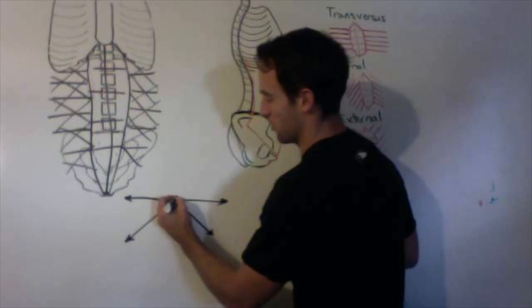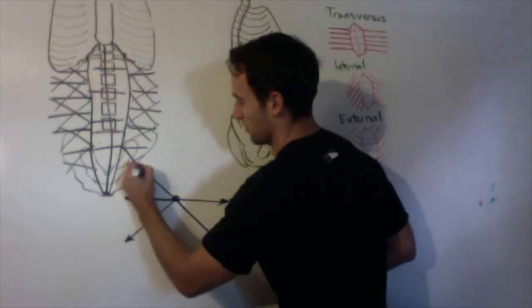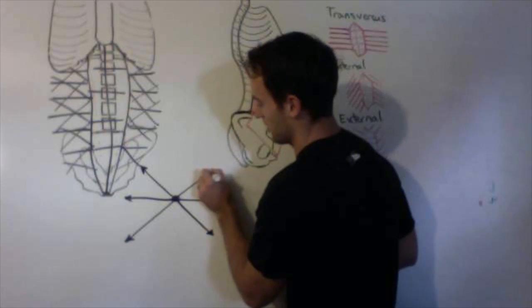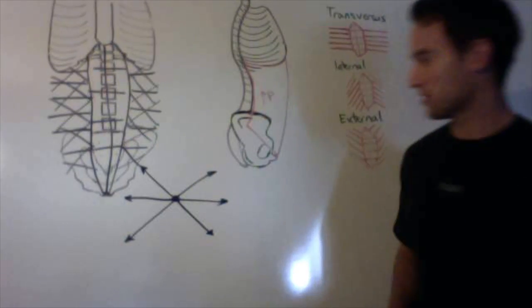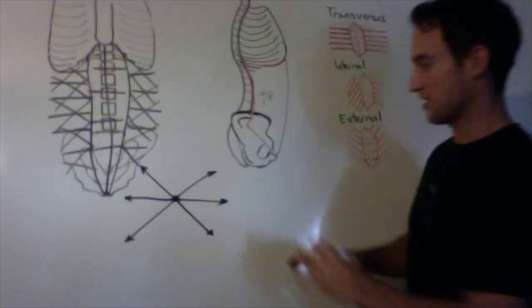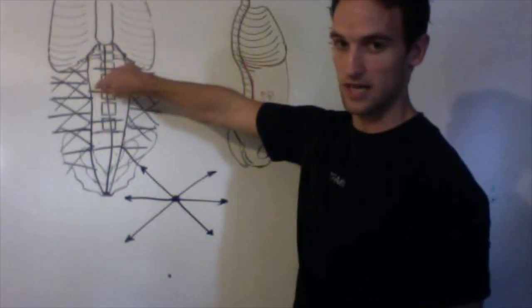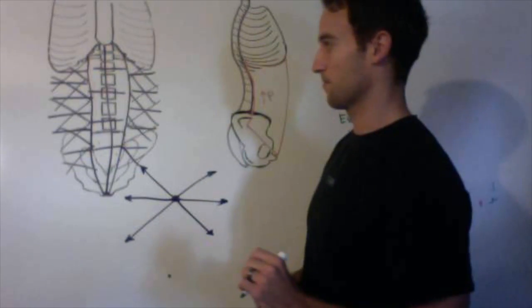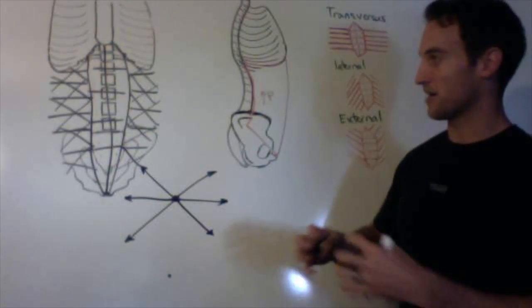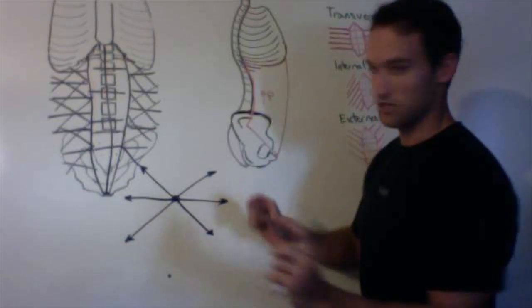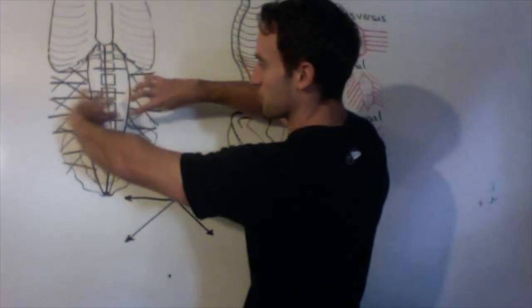Then we have our external oblique up and away, and up and away. So what you can see here is, in the end, all these forces cancel, so movement of the rectus is actually zero.